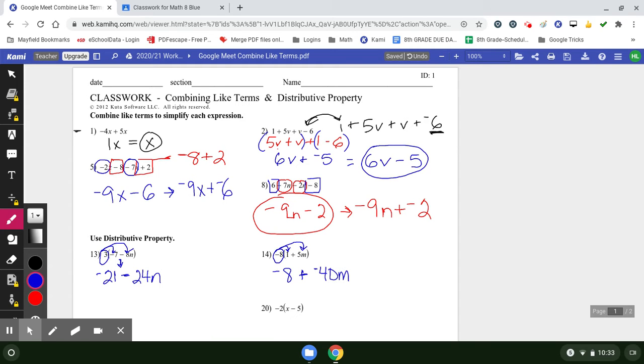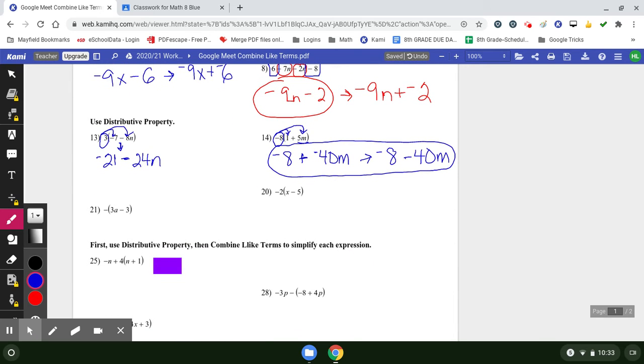You'll also notice there's two ways of writing that. I can write -8 plus -40m or -8 minus 40m. Both of these ways are correct. Usually I will see the minus sign.